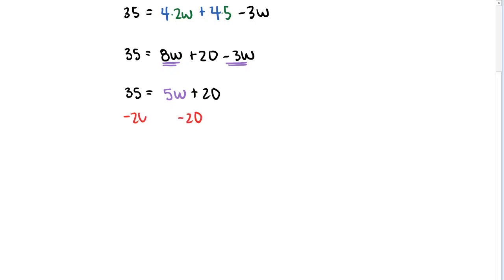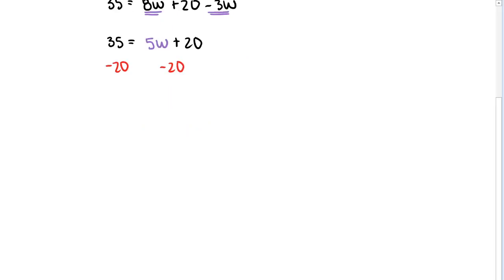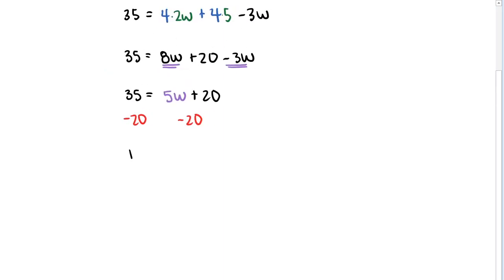Right, so minus 20. And so if I subtract 20 from both sides, well, we get 35 minus 20, that's 15. And then here, if I have 5w plus 20, and then it has this minus 20 also, well then those plus 20 and minus 20 are going to cancel out, and we're just left with 5w.